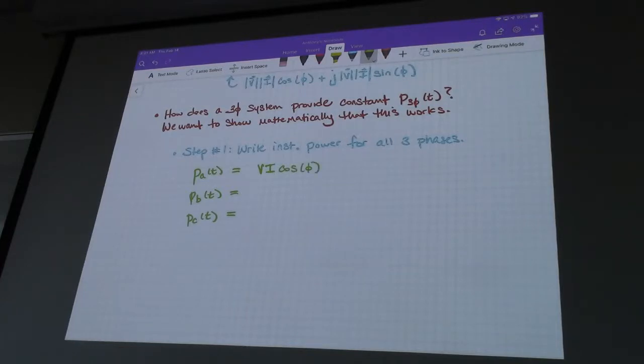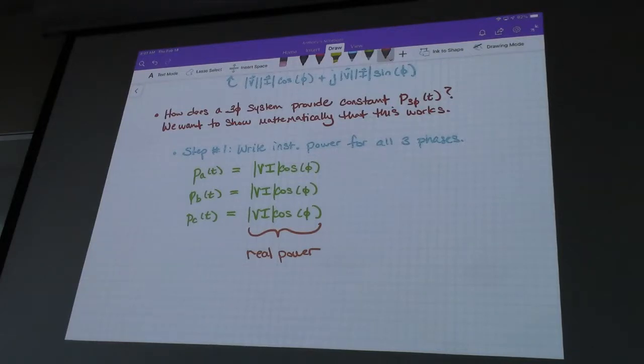VI cosine of phi. VI cosine of phi. VI cosine of phi. Okay? Where this is what we call the real power. Just to make sure you know that those are the magnitudes, right?